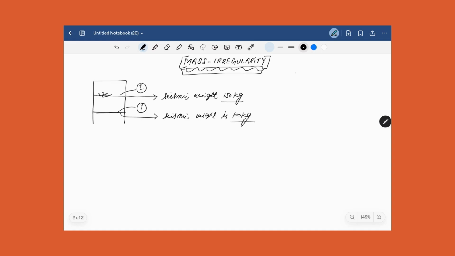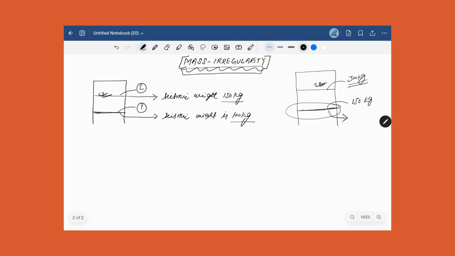Suppose this floor is 300 kg seismic weight and this floor is 150 kg. Because this floor's seismic weight is 150% more compared to the floor below, this story is called mass irregularity and it will be considered as a soft story.